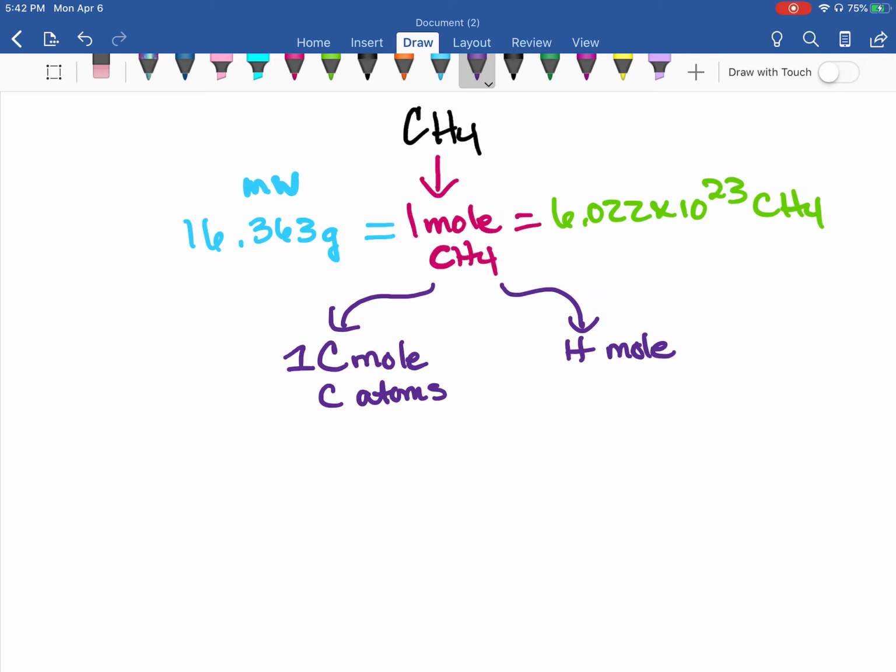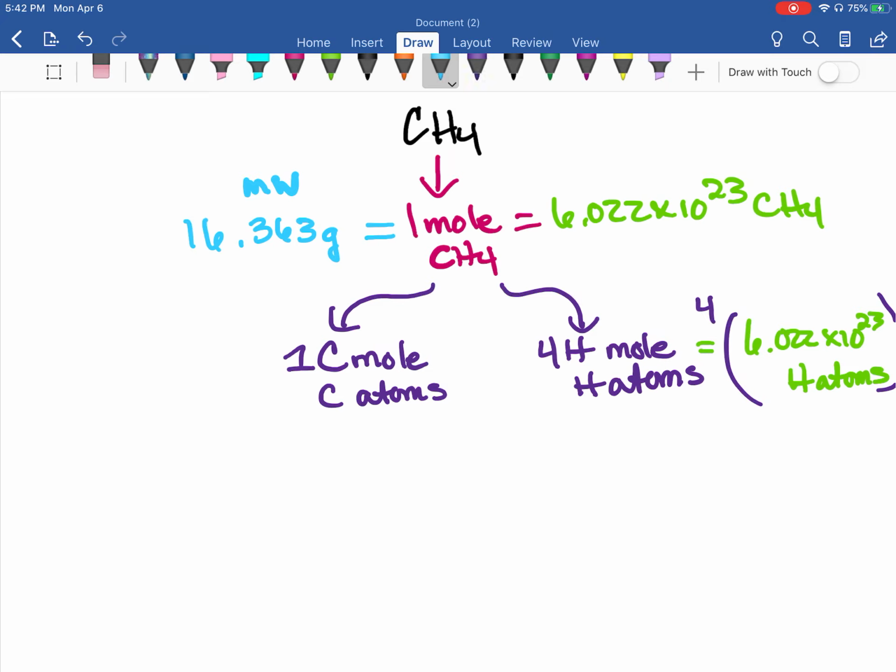And for hydrogen, though, we had 4 moles of hydrogen atoms. And then we went a step further and we said, okay, well, that means we'll have 4 times our Avogadro's number of just hydrogen atoms.